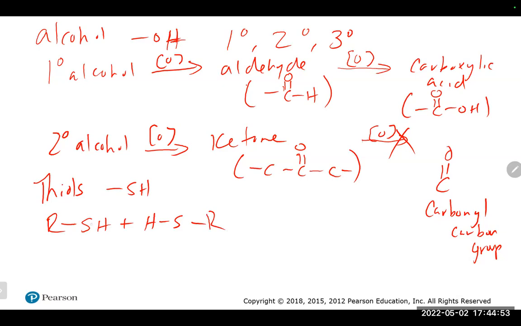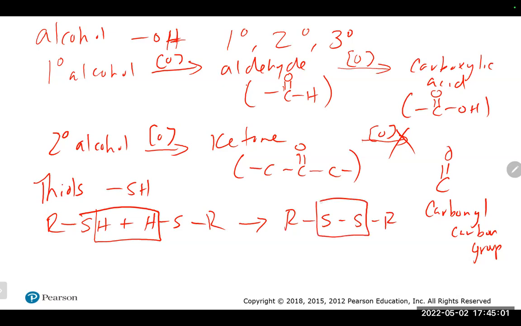Here we lose the H's, which puts our thiols together with this disulfide bridge. That's an oxidation, which is the loss of H2. You could do the opposite reaction, which is reduction, where you add the H2 back in and it breaks them apart.